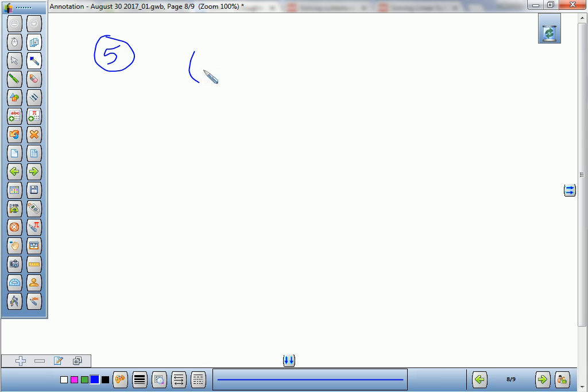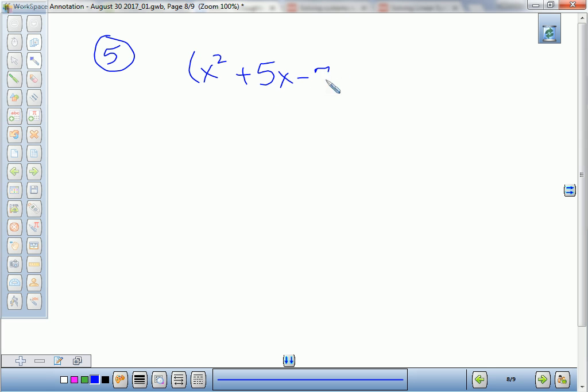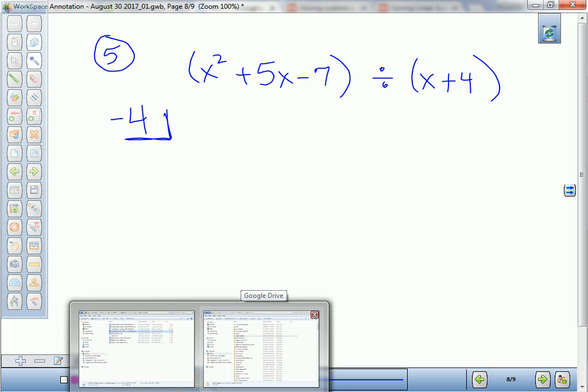Okay? All right, let's jump to number 5 now. Number 5 is going to have a remainder that is not 0. We're going to have a different remainder this time, but the process is still the same. So, what goes on the table? Negative 4. Then we have to steal those coefficients and the constant.